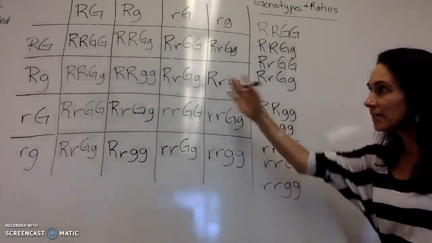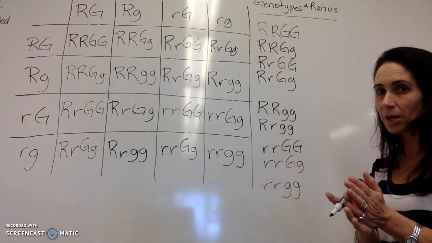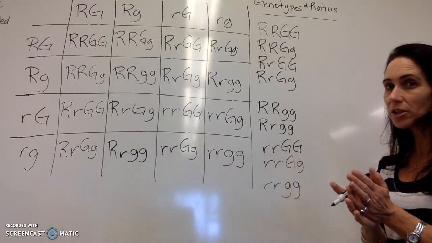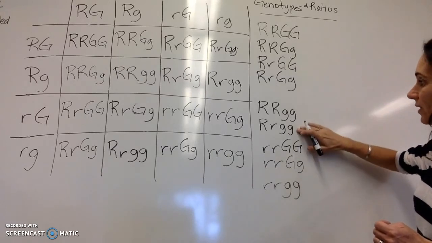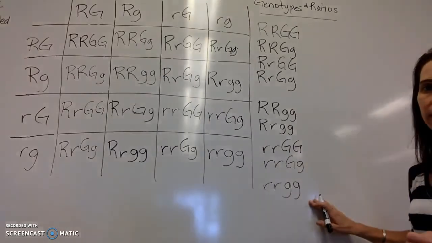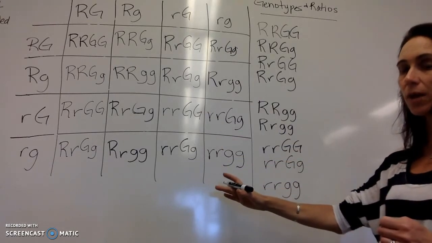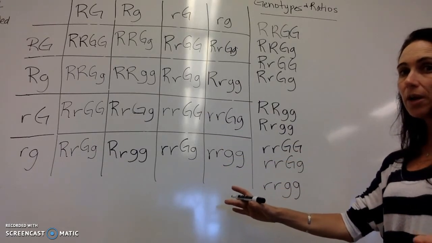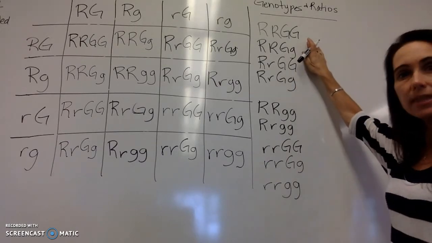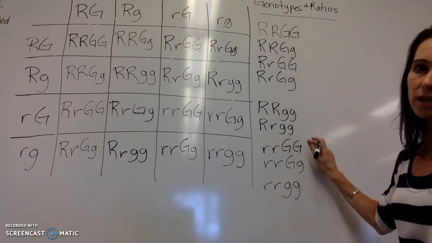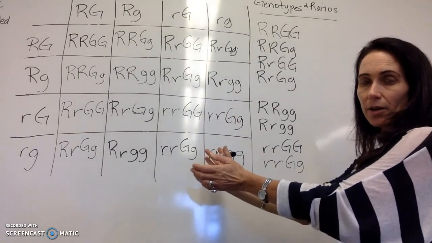So, 16 potential possibilities of genotypic combinations, but it actually only produces 1, 2, 3, 4, 5, 6, 7, 8, 9 different genotypes. So there are only 9 different genotypes that appear in this square. Now, to determine the ratio, we go along our list here and count the number of times that each of these genotypes appear in that 16 square interior of the Punnett square.